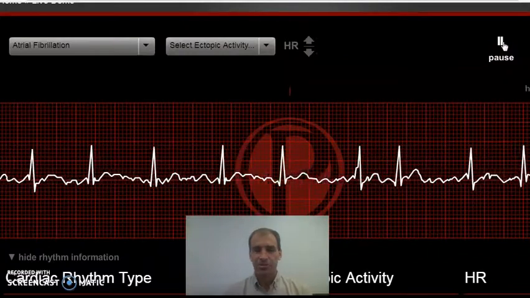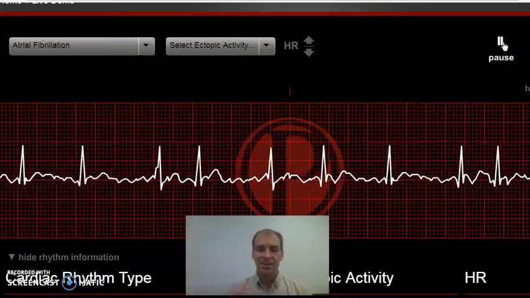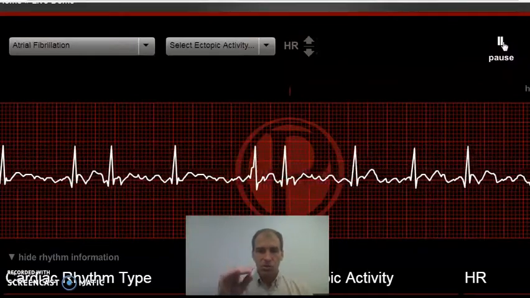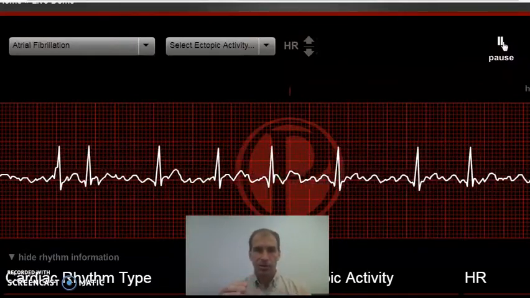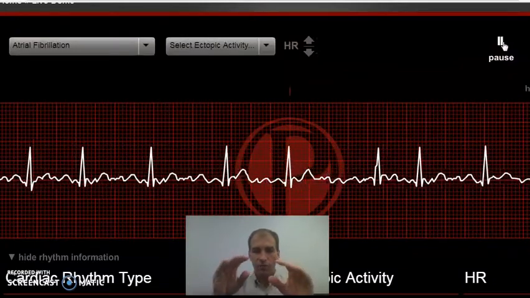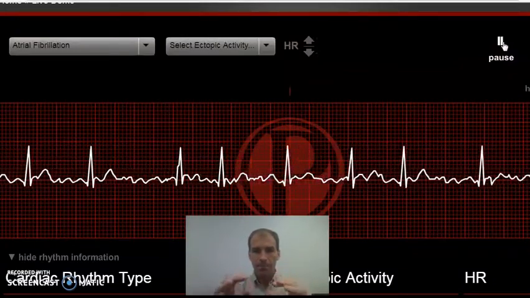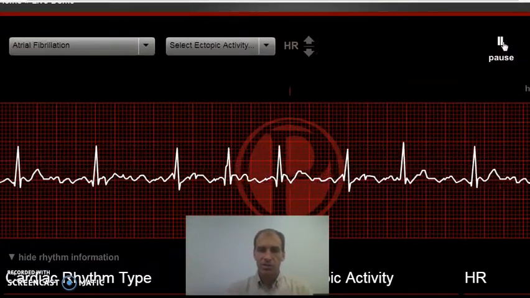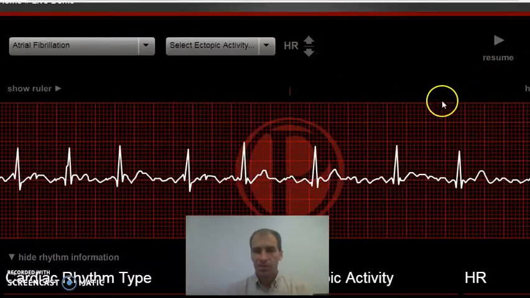It's called atrial fibrillation. And literally what's going on here is that instead of the atria depolarizing, there's numerous cells in the atria depolarizing. And so instead of a nice contraction, we have a lot of kind of quivering going on. There's not one really specific strong contraction. And so what we're seeing, let me pause here, is a lot of P waves.